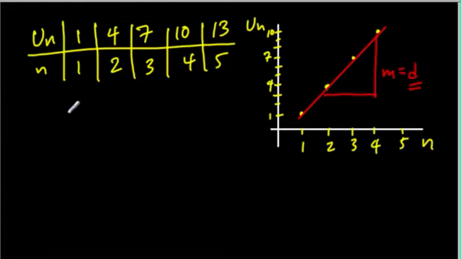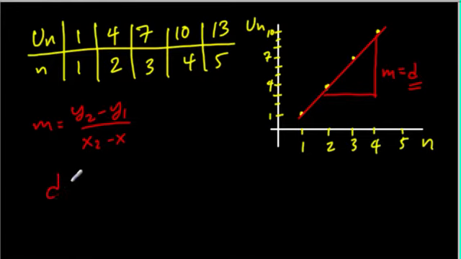Usually when we have m, we say it's y2 minus y1 over x2 minus x1. In a very similar fashion, our common difference d is given by the following equation.